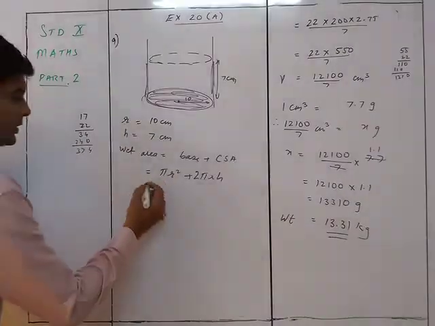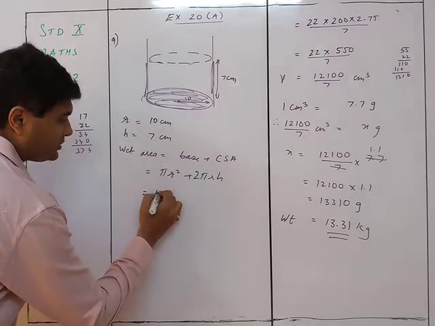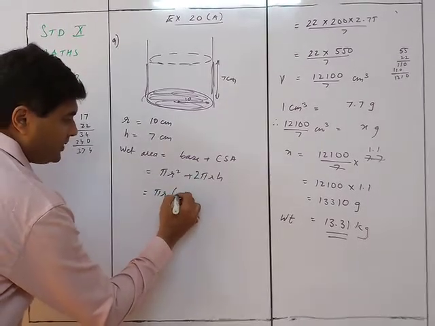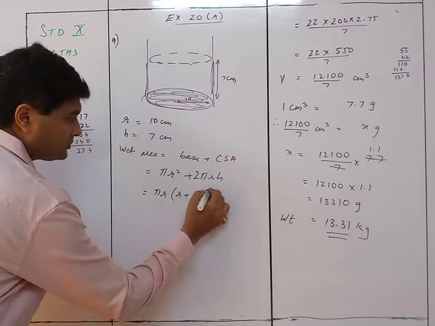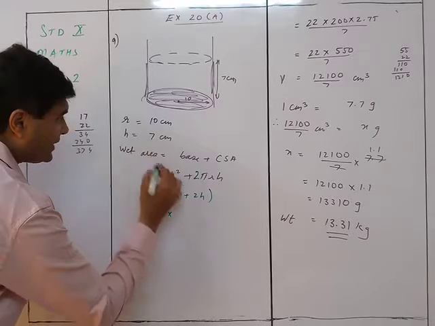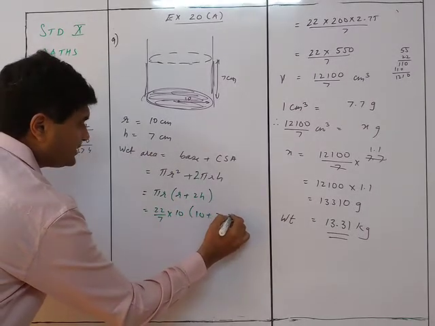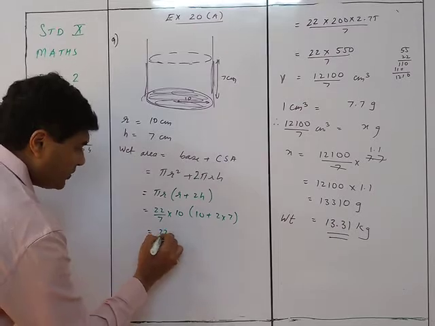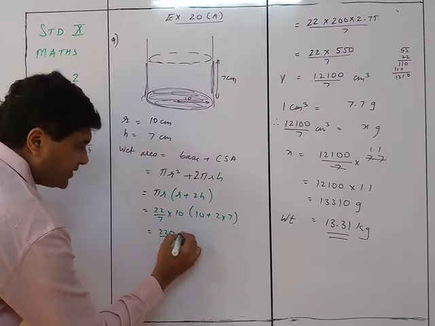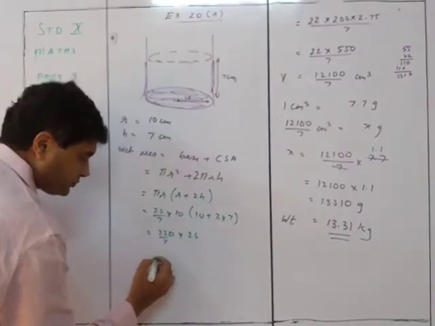So you can take pi and r outside, so it will be r plus 2h. So that is 22 upon 7 into r is 10 into 10 plus 2 into 7. So that is 22 upon 7, 220 into, this is 14 plus 10 is 24.